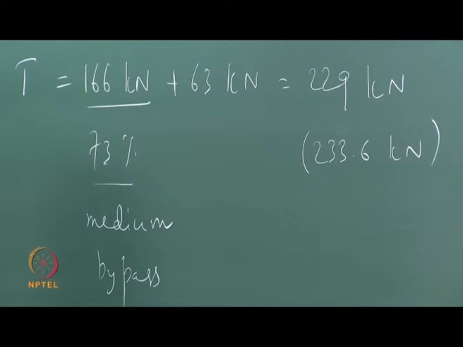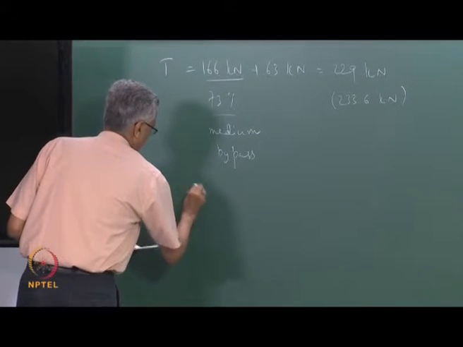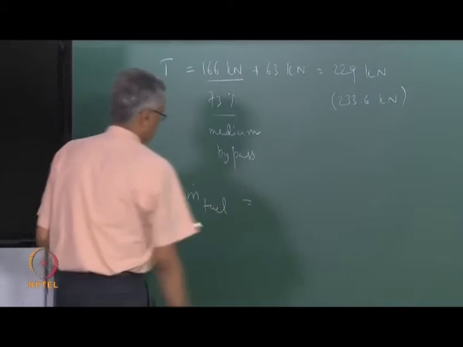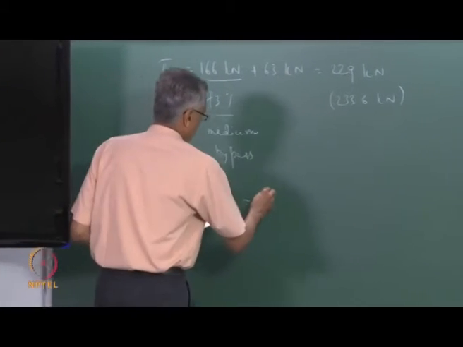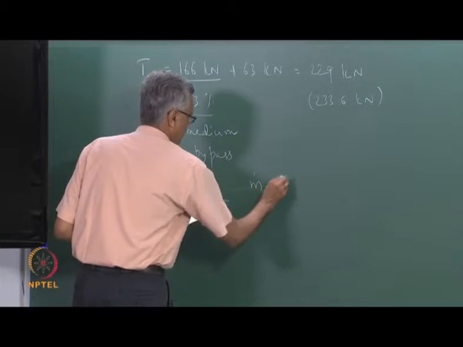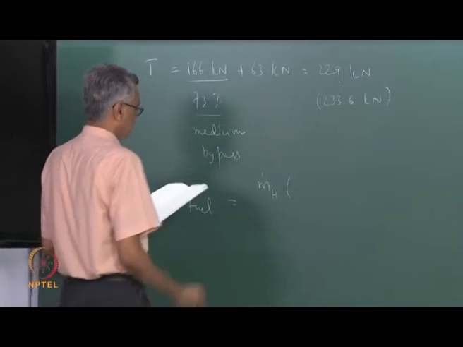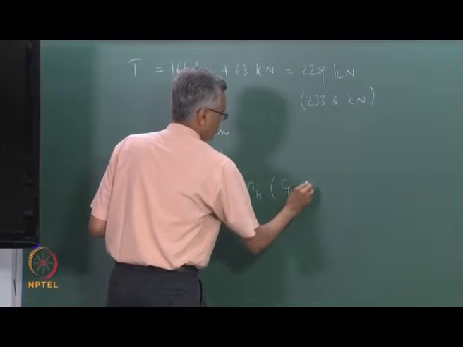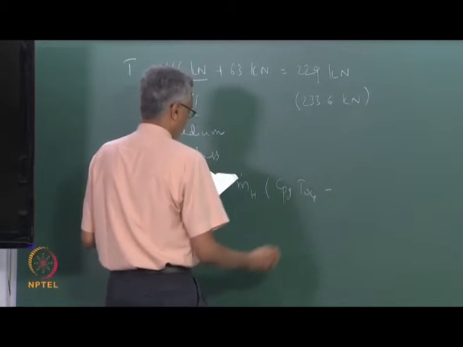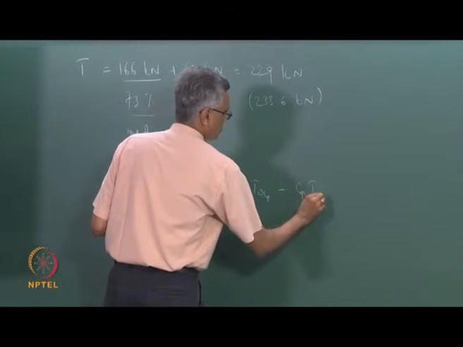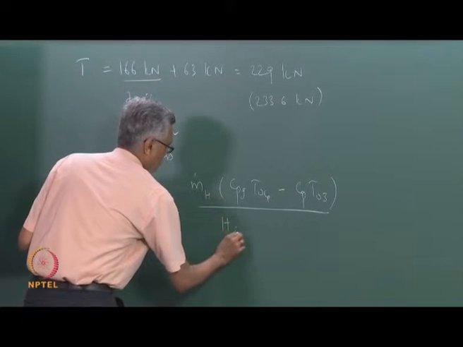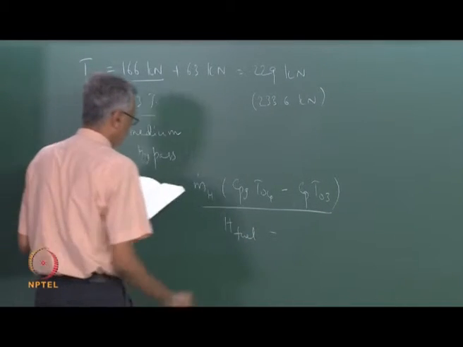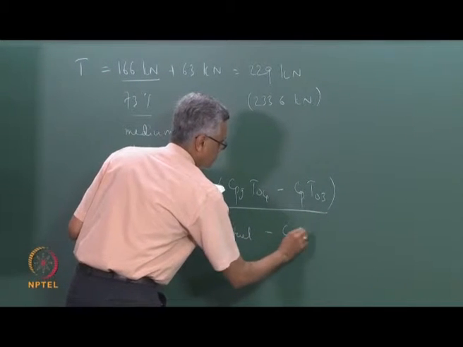The next thing that we wish to calculate is the mass flow rate of fuel. So let us go ahead and calculate the m dot fuel based on an energy balance for the combustor. We showed that the mass flow rate of fuel is given by this expression: m dot h times Cpg T04 minus Cp times T03, divided by the calorific value of the fuel minus Cpg times T04.